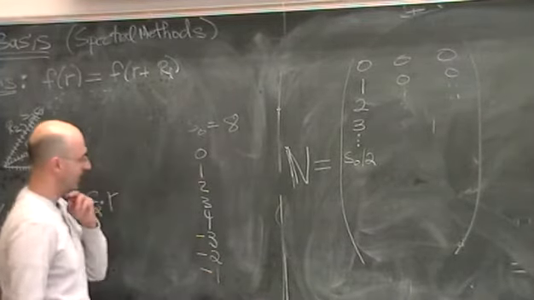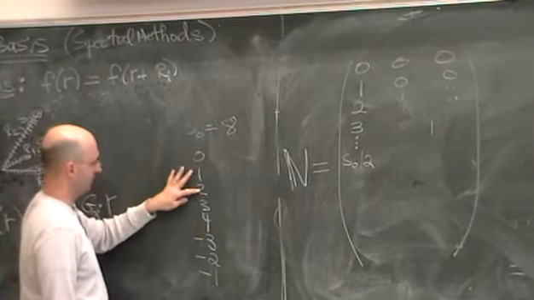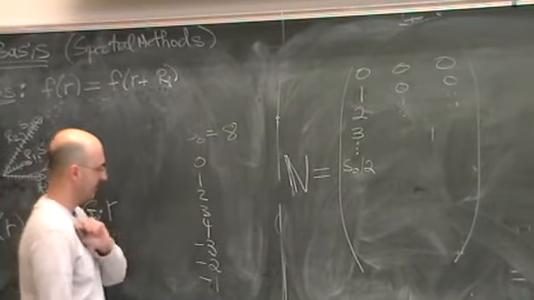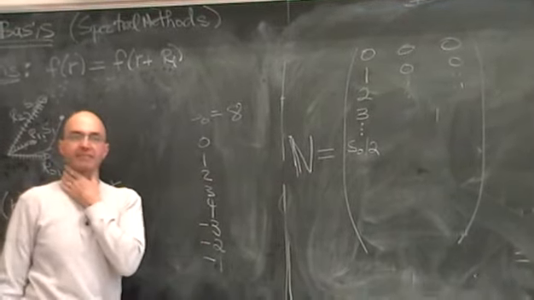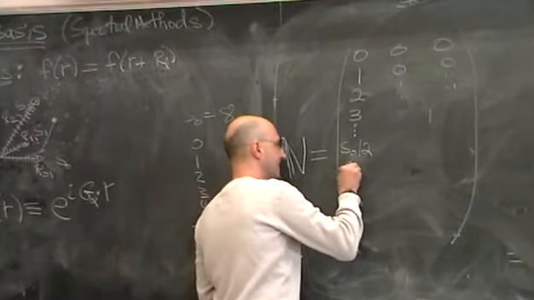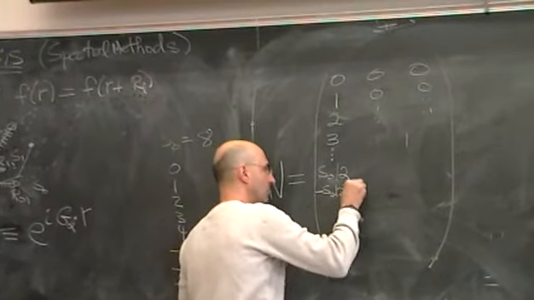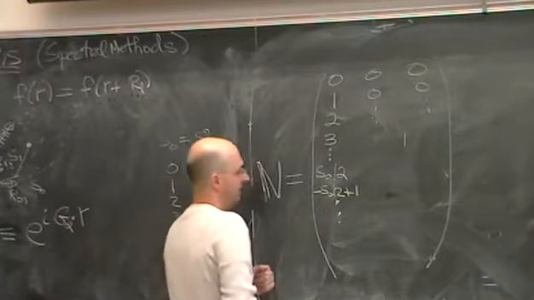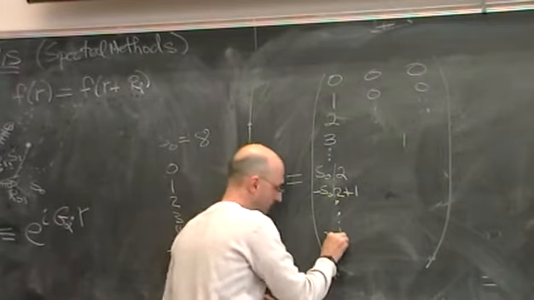If I've done my job right, there are 8 numbers on the board. 1, 2, 3, 4, 5, 6, 7, 8. Right, and that's the end of the list. So after S0 over 2, you get to minus S0 over 2 plus 1. And then you continue until you get to minus 1.